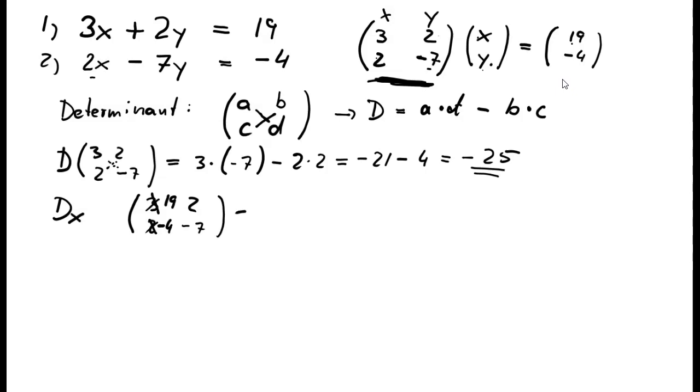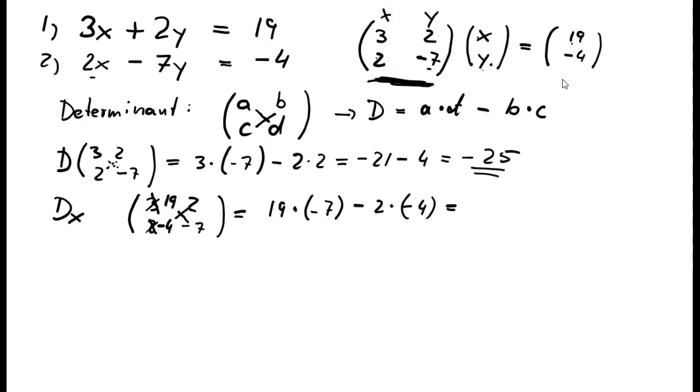And now I can calculate the determinant for this, because that would be 19 times negative 7 minus 2 times negative 4. And you see we've multiplied crosswise here.